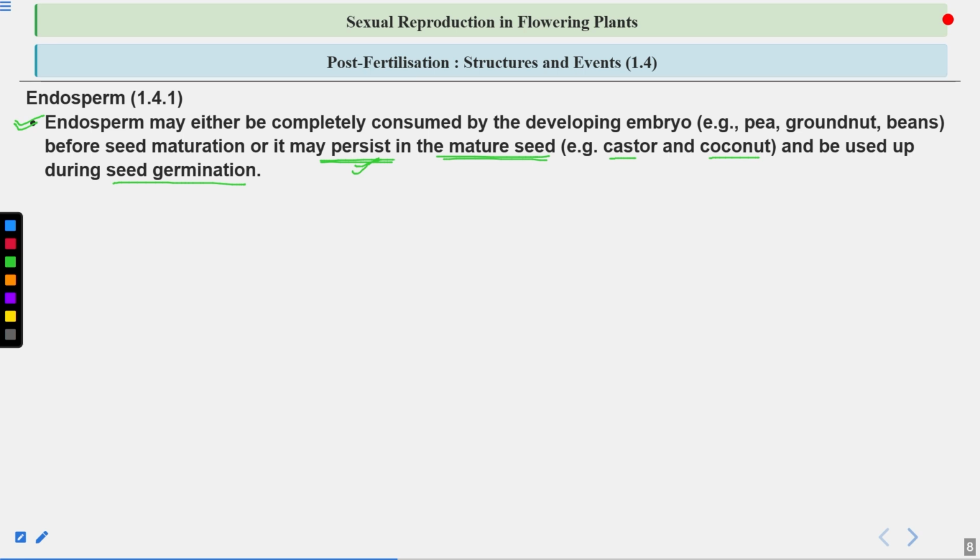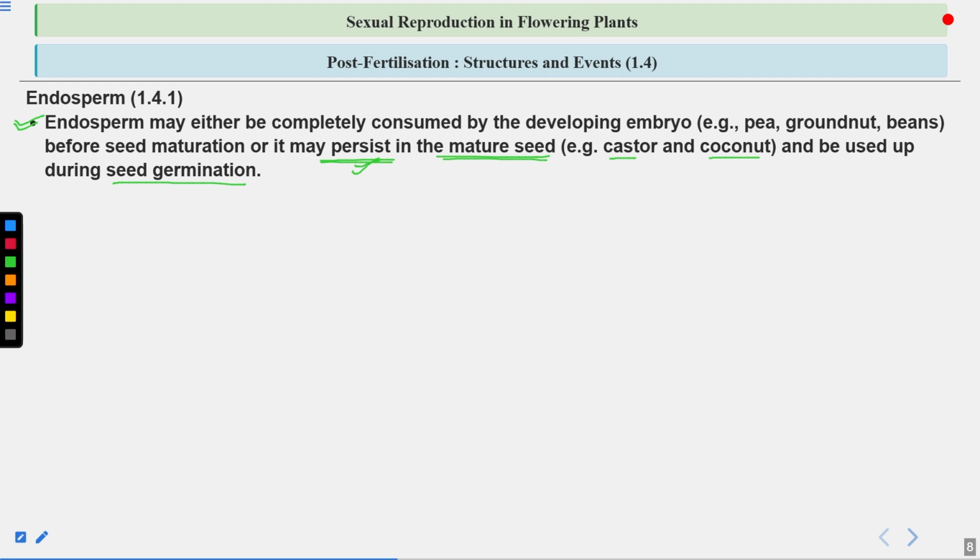Is this point clear, everyone? I'm repeating it again. The use of the endosperm is of two different types. In the first type, all the endosperm is consumed during the development of the embryo, like we see in the pea plant, groundnut plant, and beans.